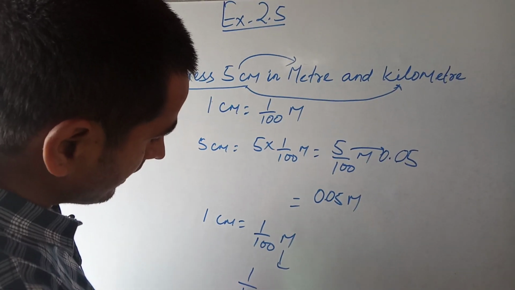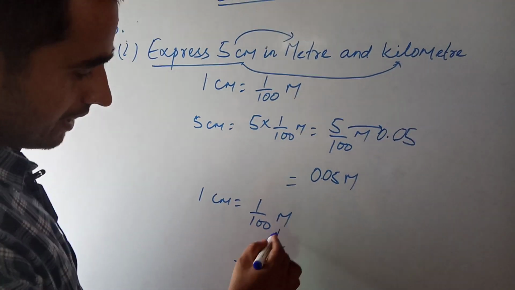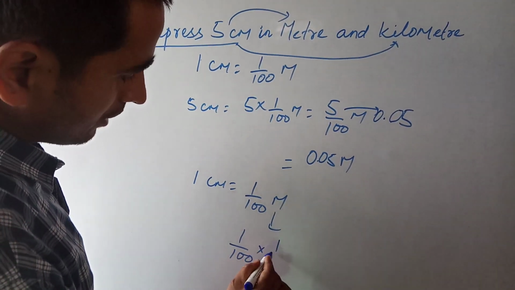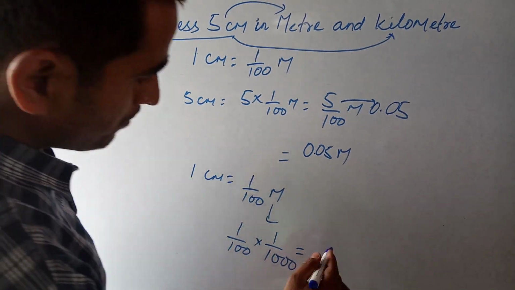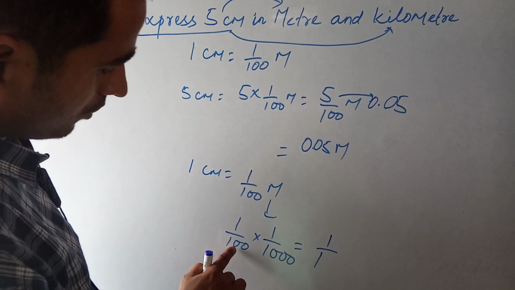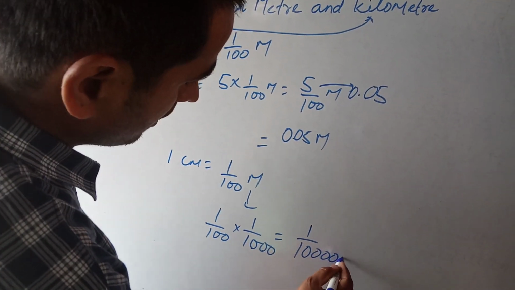So 1 by 100 meter. This is 1, and when this meter is converted into kilometer, we multiply by 1000. So 1 by 1, 2, 3, 4, 5 zeros.